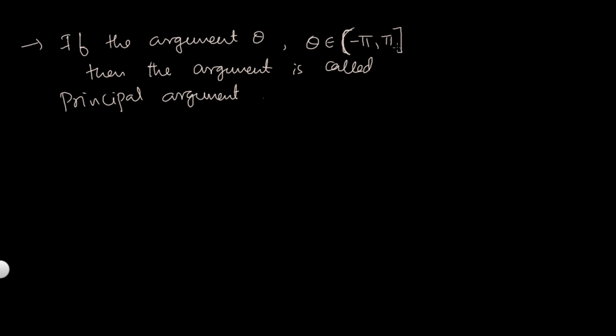That means the given complex number makes the smallest angle, from minus 180 to plus 180. If it is more than that, we can do the next one.